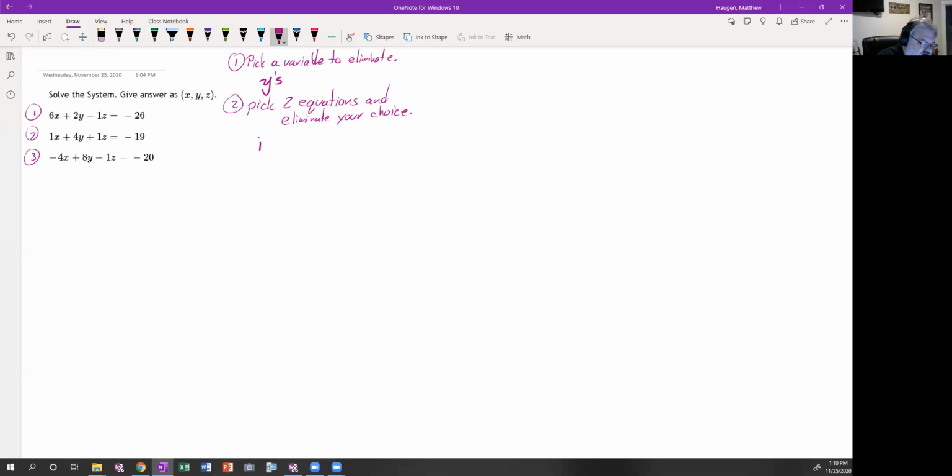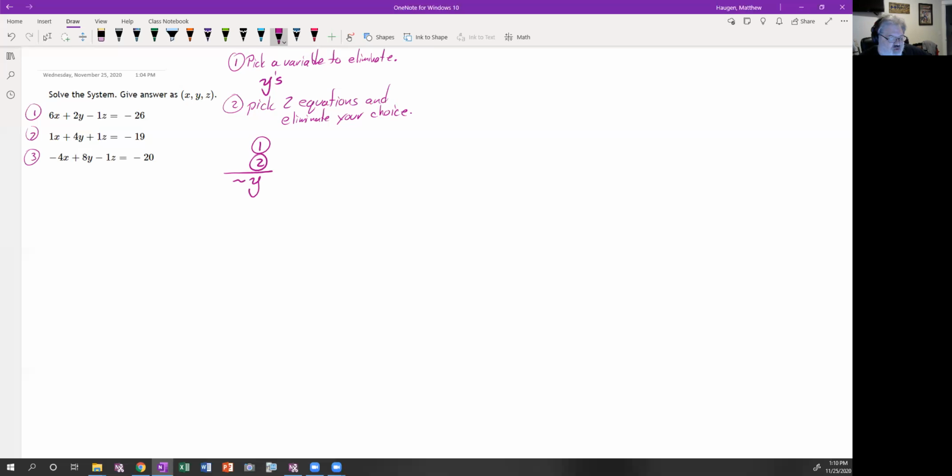So we're going to pick equation 1 and equation 2, and we are going to use them to get rid of y. There is nothing formal about that notation. It's just going to help me stay organized. Taking equation 1 and 2, and that little squiggly line, the tilde, is the logic symbol for not.